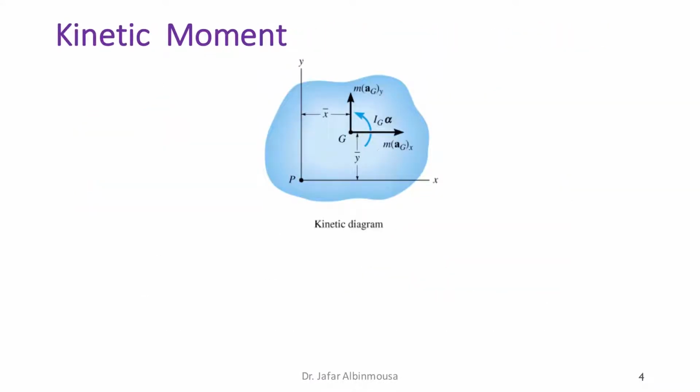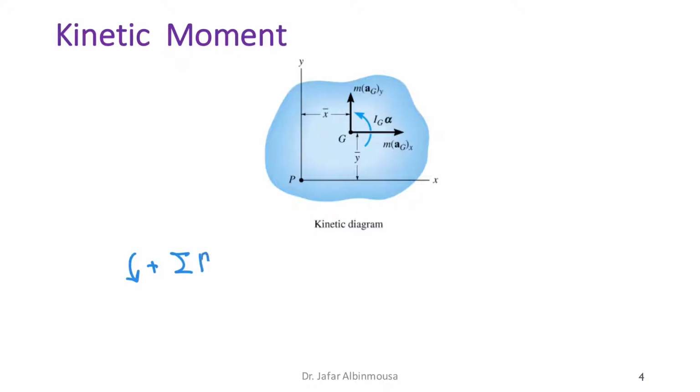So let's see how we can write down the kinetic moment. Now, if we consider this kinetic diagram, we have the inertial vectors m a_Gx, m a_Gy, and I_G alpha. And as you see, this vector has a perpendicular distance y bar, while this one has a perpendicular distance x bar from point P. So if we want to write the kinetic moment equation, then let's assume that counterclockwise is positive.